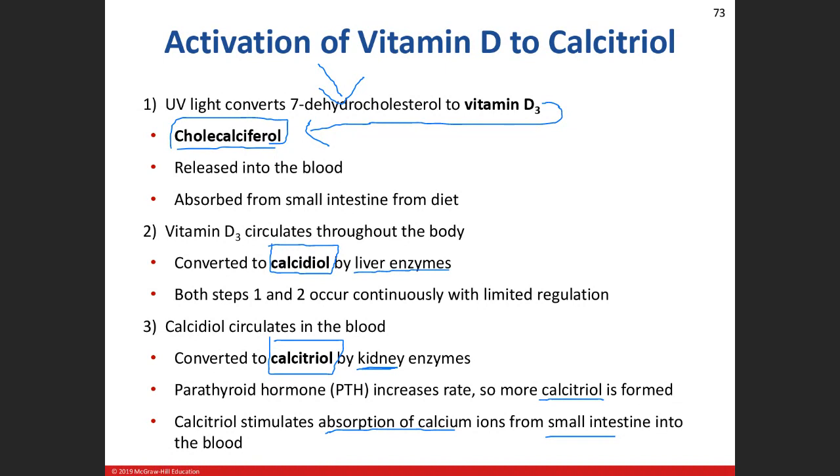How so? Parathyroid hormone increases the amount of calcitriol formed, and more calcitriol will then be able to absorb more calcium from your small intestines into the blood. And so when that occurs, we increase our blood calcium levels, Ca2+.